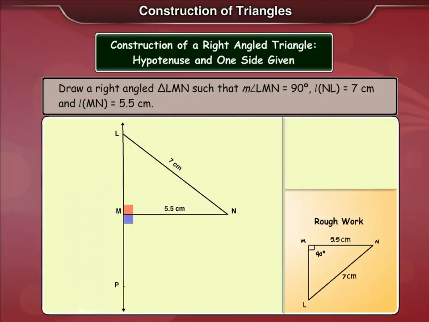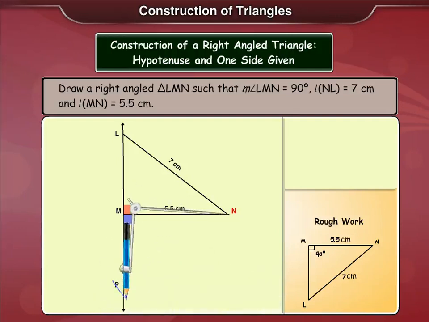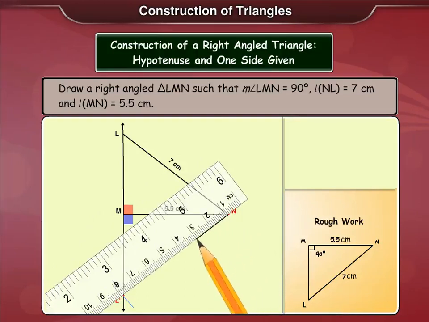Let's start constructing the triangle. Using a scale, draw side VW of length 4 centimeters. Place a protractor at point V on segment VW to measure an angle of 90 degrees. Mark point X at 90 degrees. Join point V and point X to get ray VX.